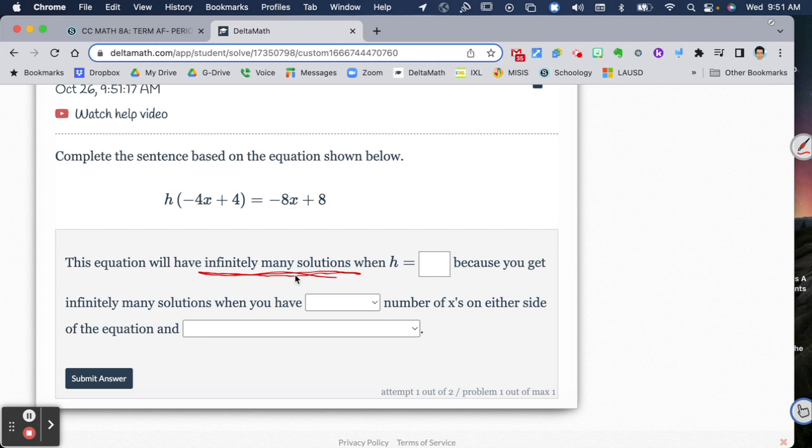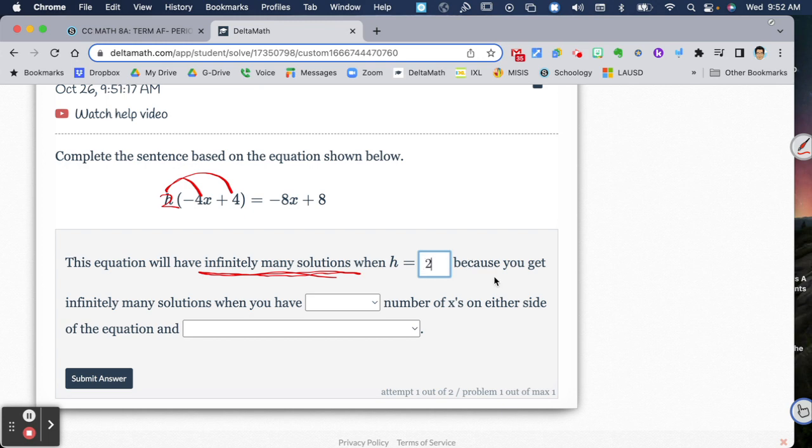Yes. So basically, I want -8x. What number should I distribute to get -8x? h is going to get multiplied into -4. I want 2. Because if it's 2, I get -8x plus 8. And that's exactly what I want. Same variables, same constants. So what are we all going to pick for h?